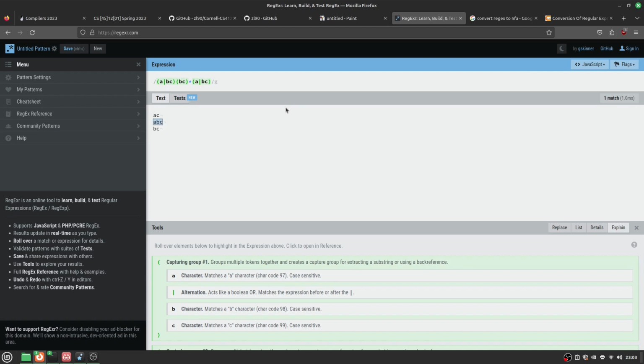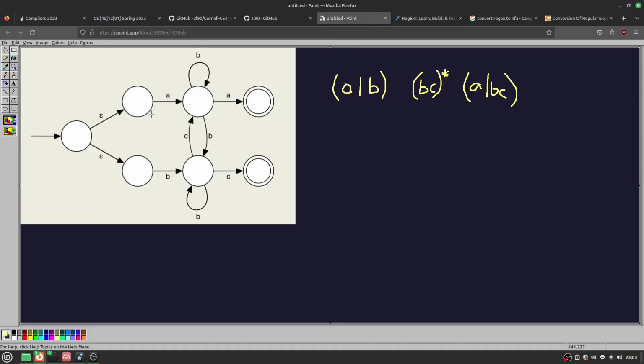That's wrong. That's wrong as well. So we can start with A or B, right? Then we can have any number of B's. It doesn't matter how many we want.